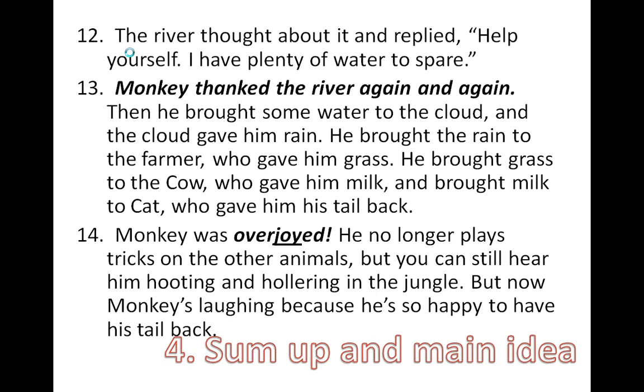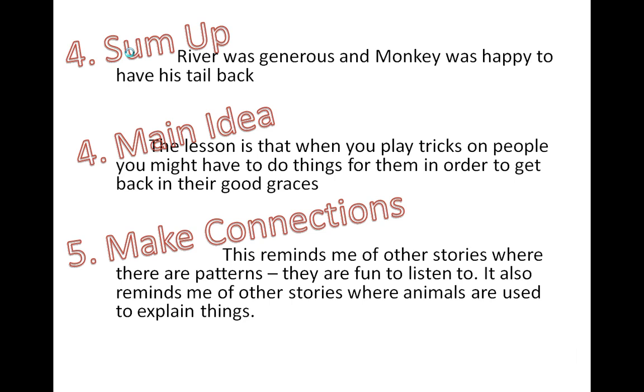So now the story's in, and I'm going to sum up the story at this point again. Now the monkey was able to help the other animals because the river was very generous, and the monkey thanked the river, and the monkey was then again very happy.